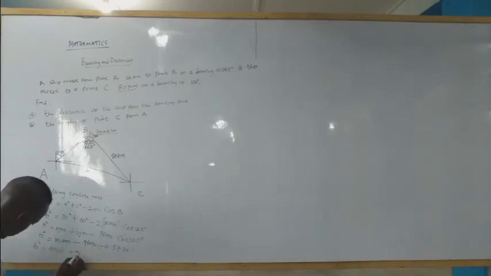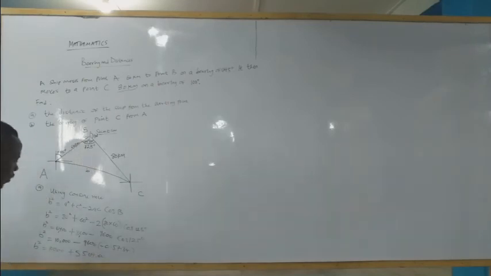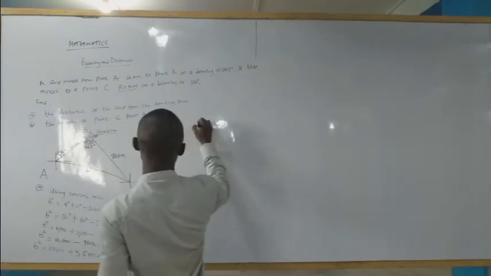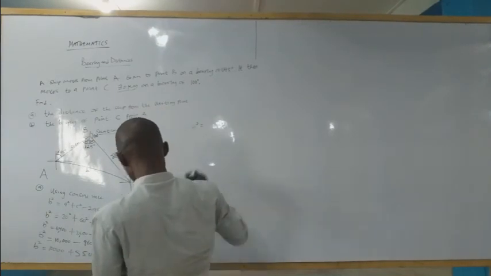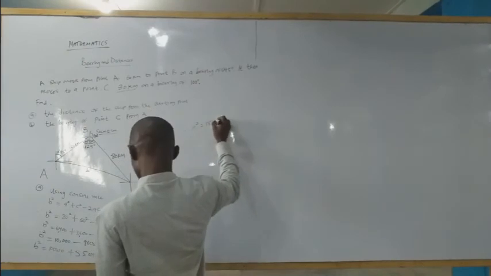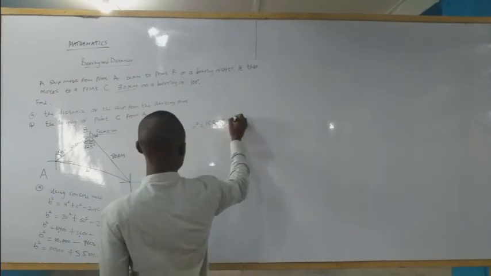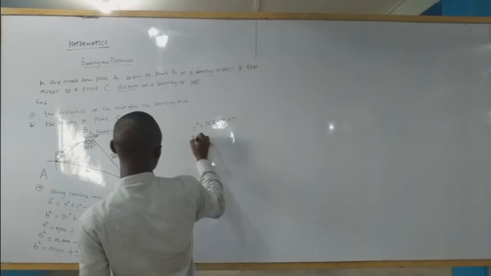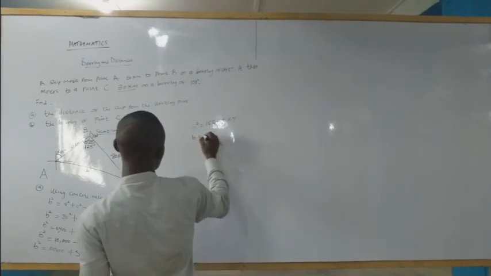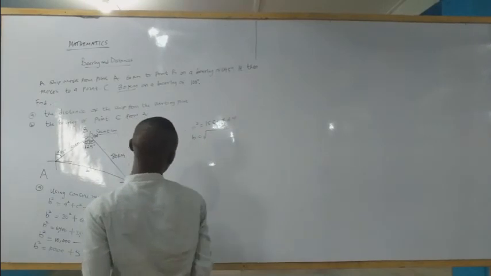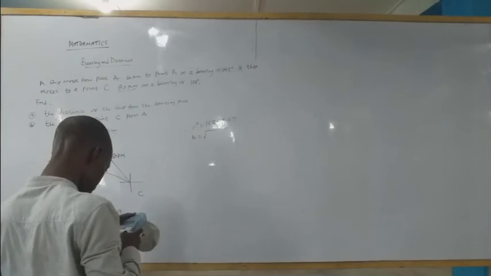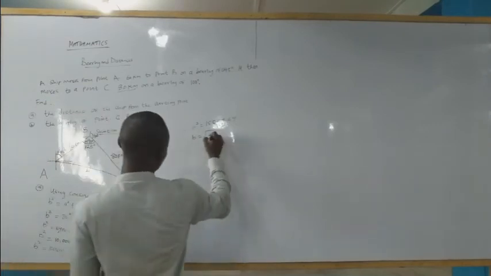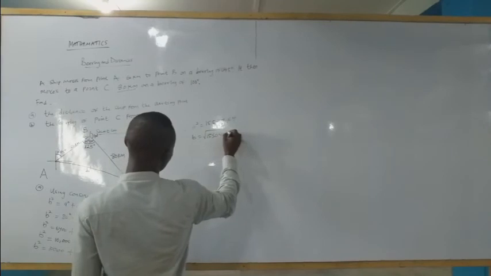So we have 5,504.64. So therefore, our B squared then is equals to what? 15,504.64. Then our B then equals to the square root of what? Square root of 15504.64.